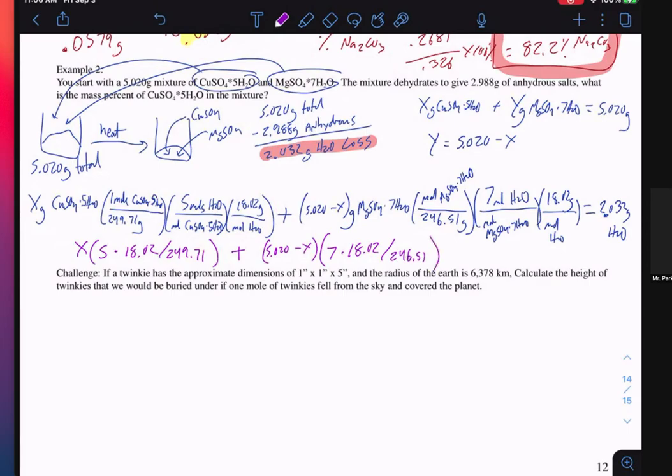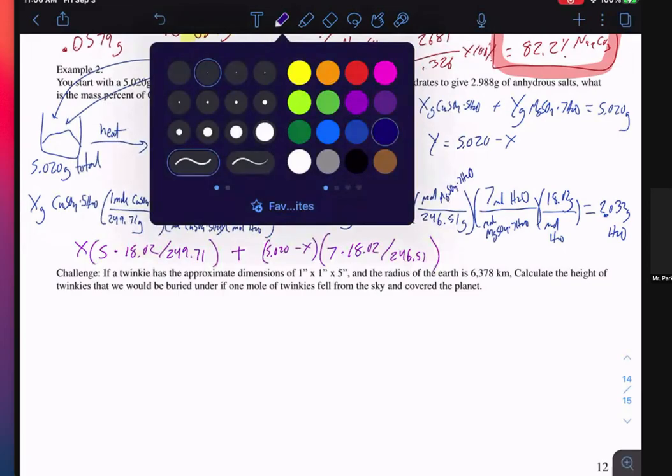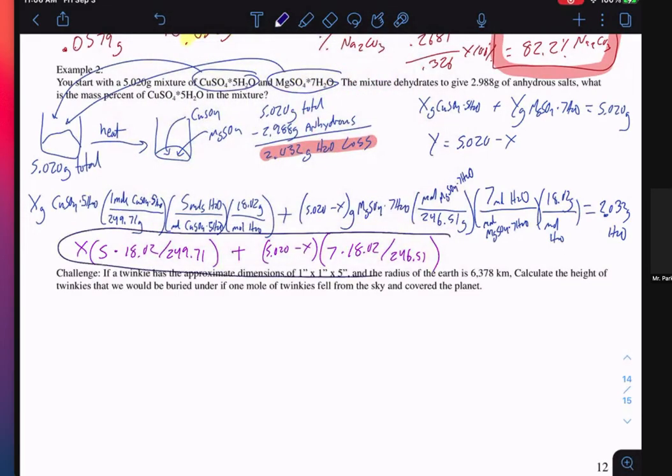Right? So this all here would be box 1. And then box 2 is just 2.032.